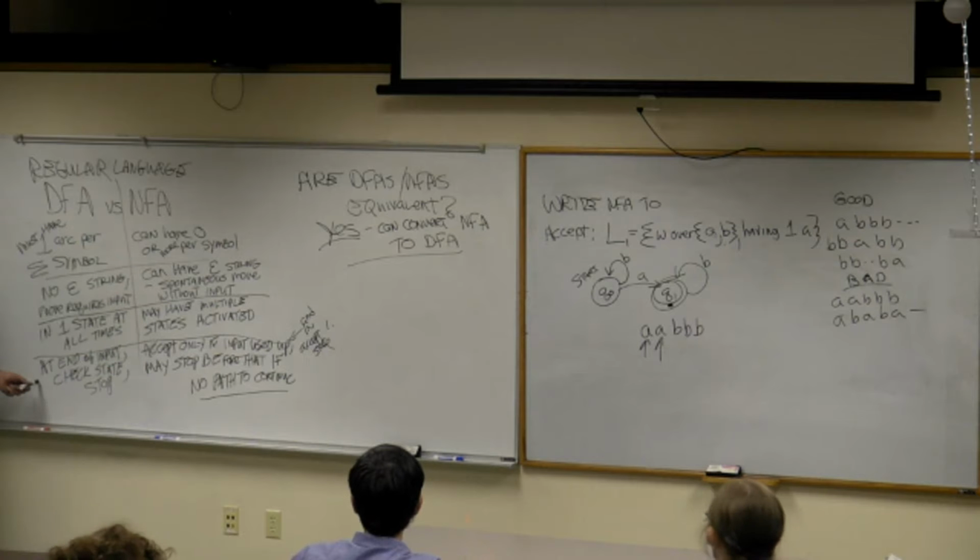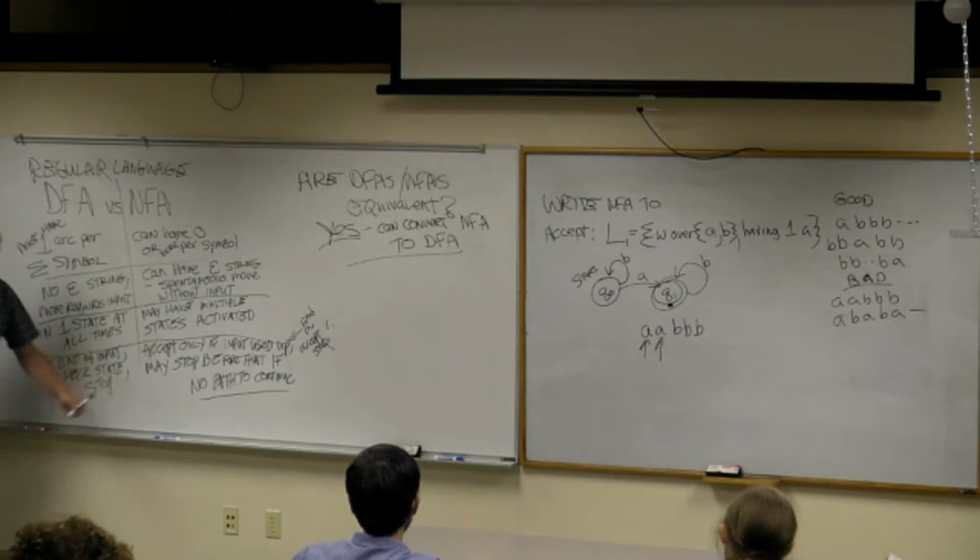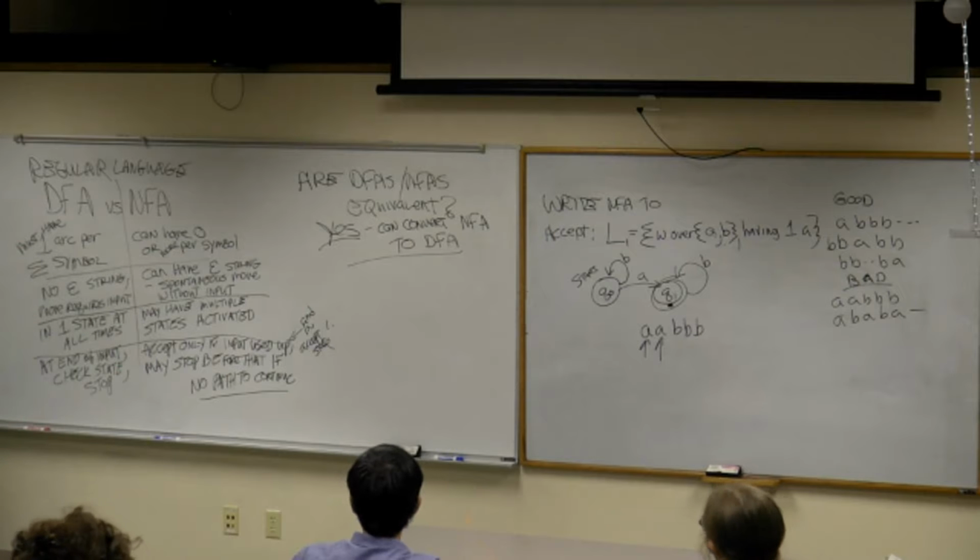This is just a little nicer way to stop. You're guaranteed that there's always a path for every input character, so that falls into this too. So a DFA is a special case of an NFA. As far as power, they are equivalent.